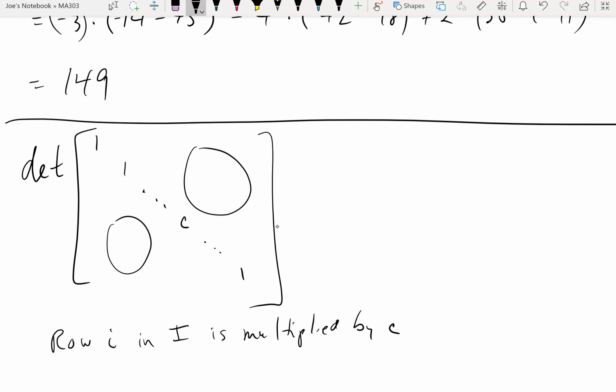What does that do to the determinant again? What does the determinant equal? Just that constant, right? In particular, it's c times the determinant of I, but what's the determinant of I again? Yeah, just 1, right? So we get c. We've talked about this before, correct?